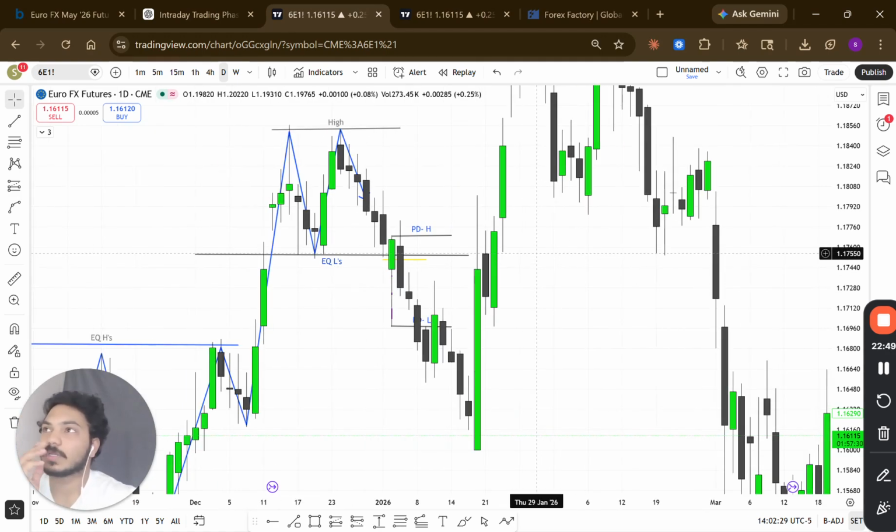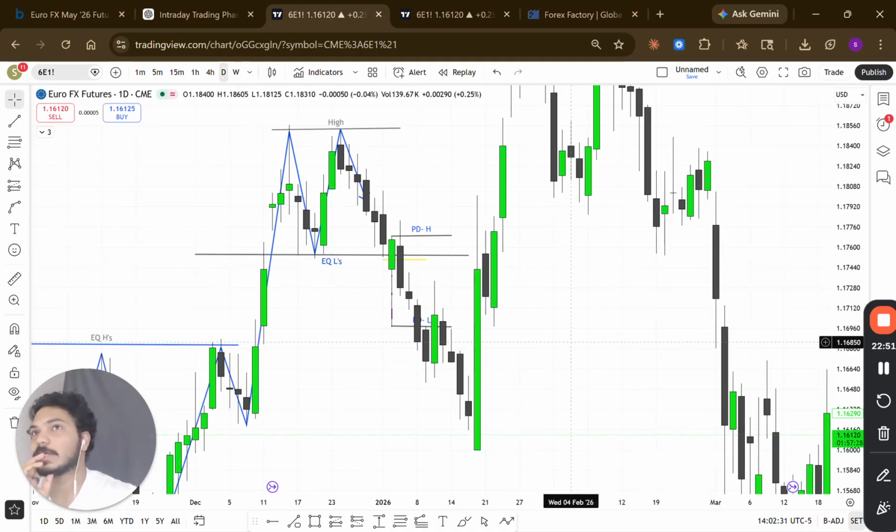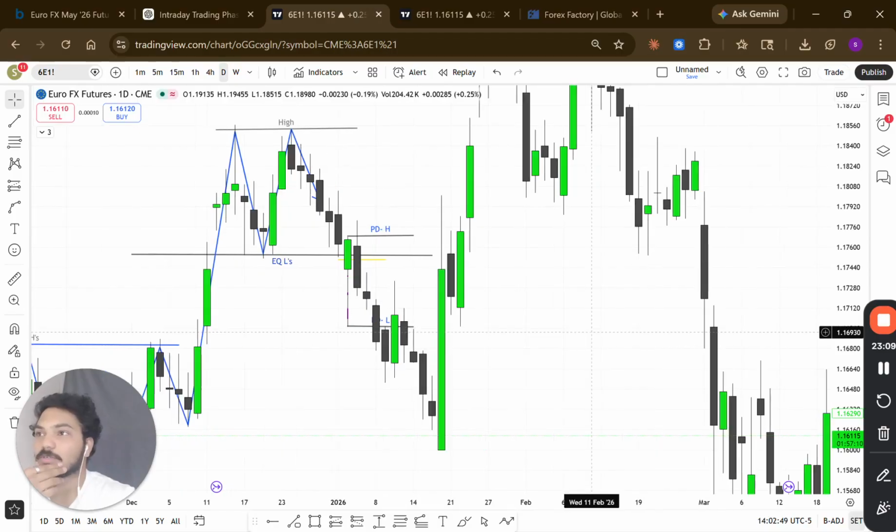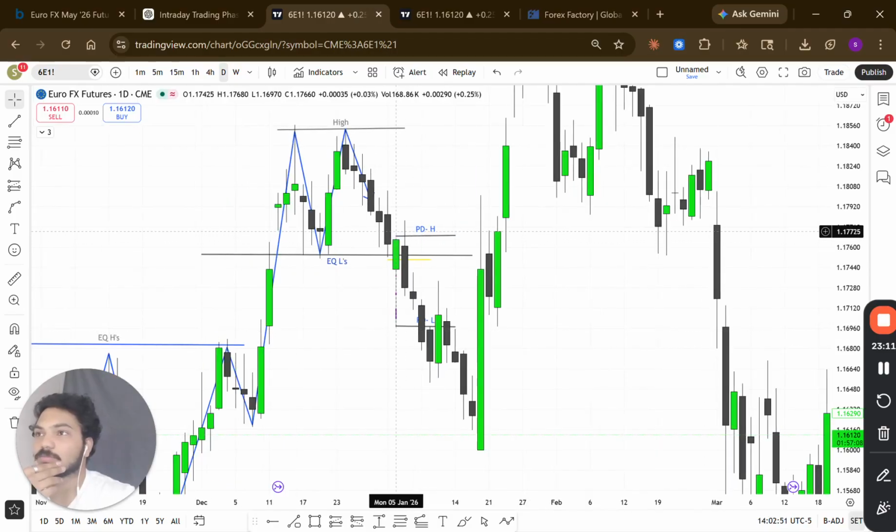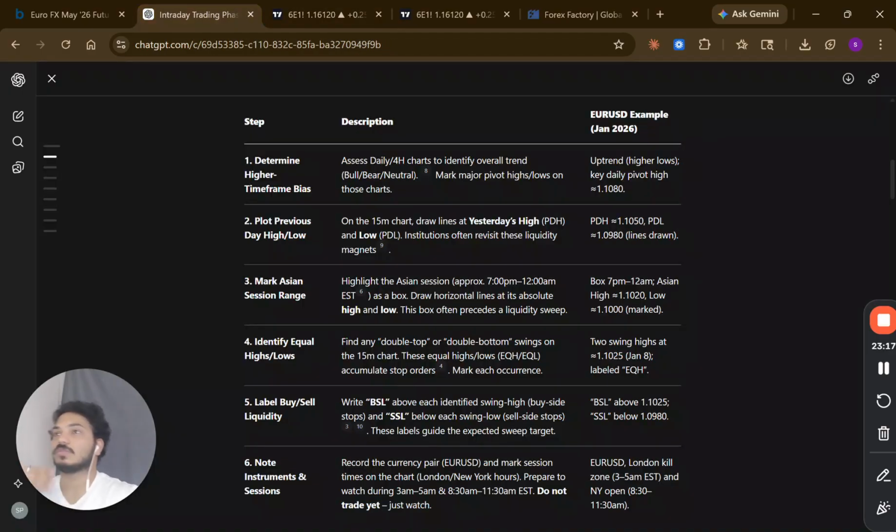So I'm seeing it as bearish. It is trying to retest this equal low and potentially looking for the buy orders, and then I'm expecting it to go down.